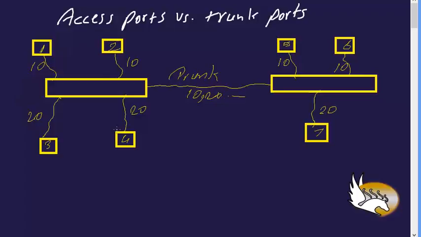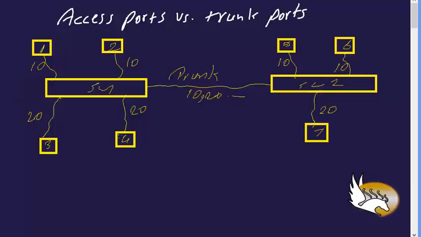We can send traffic from any device in any VLAN on one switch to any device in any VLAN on another switch. So a trunk link is a link between two switches, for example switch 1 and switch 2, that supports traffic from different VLANs.